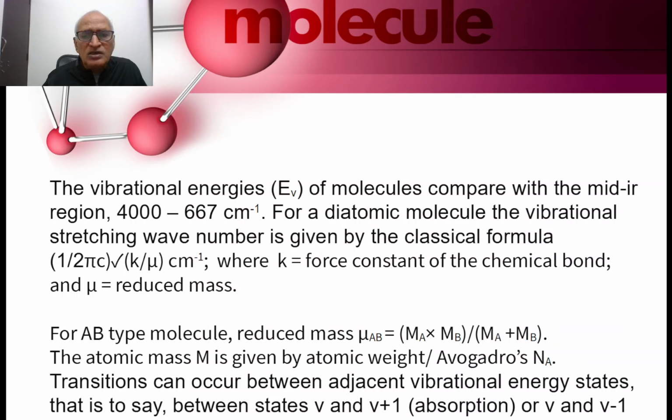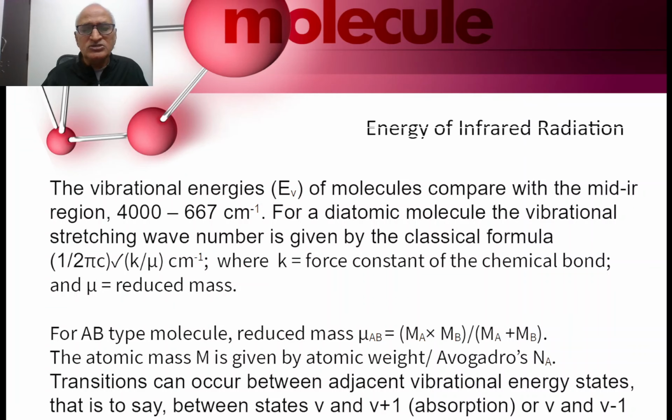Alternatively, if a molecule emits energy and it is present in the v level initially, then it will come down to one lower level, v minus 1 level. These restrictions are called the selection rules.